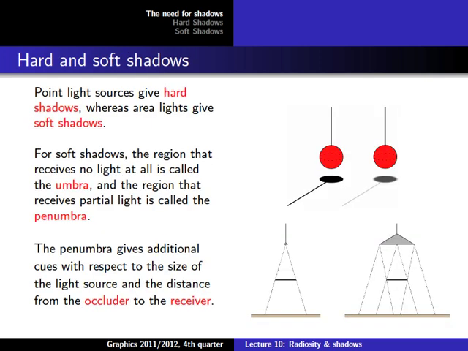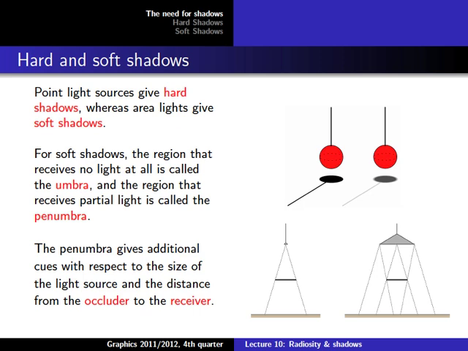So first, a little bit about shadows in general. I already said we make in graphics the distinction between so-called hard shadows and soft shadows. The hard shadows are shadows which have a hard line, where we have a hard transition between shadow and no shadow.